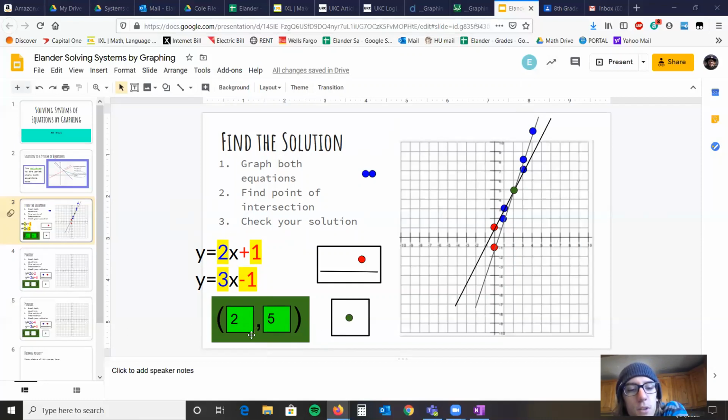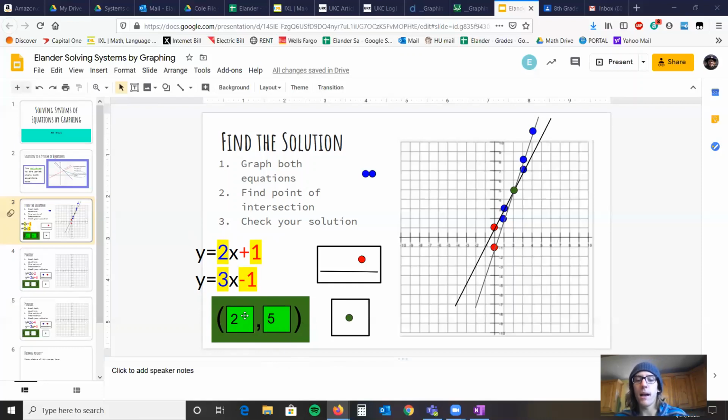Once you get your solution, if you have a coordinate pair, you substitute it in, okay? Substitute your solution in. That's how you check your answer on most math problems. And this one is no different. So if you're looking at my screen here, this 2, 5, that's what I need to check.